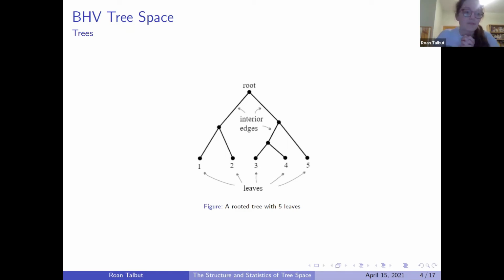This is mostly because the exterior edge lengths might be dependent on exactly when we're observing this. If we're considering this as some sense of the time that's passed between one evolution and the next, the exterior edge lengths are less significant, because that's just the amount of time that's passing at the moment. So we're only going to keep track of the interior edges, and we don't worry about the exterior edge lengths.